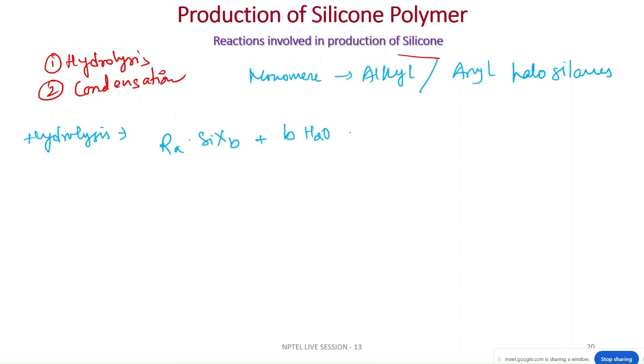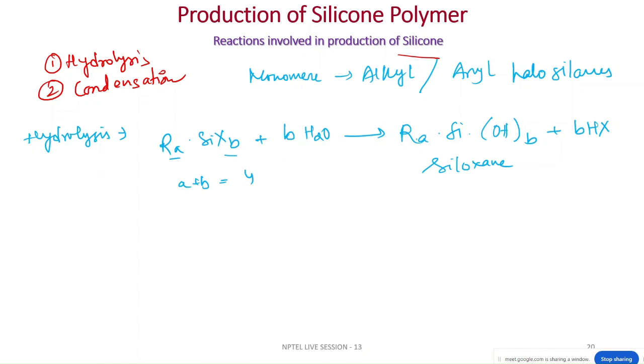It reacts with water and forms siloxane. So this a and b summation should be maintained at 4.